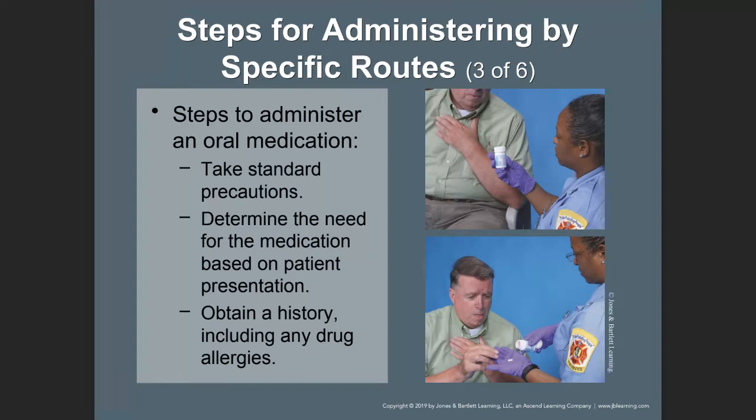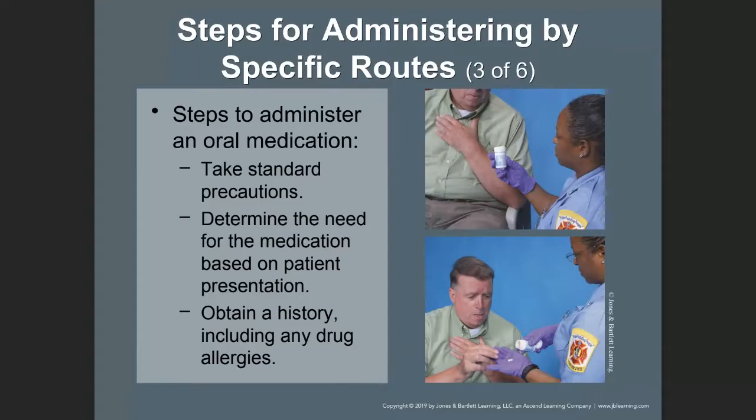Steps to administer an oral medication. Take standard precautions. Determine the need for the medication based on the patient's presentation. Obtain a history, including any drug allergies. You should have a primary set of baseline vital signs.